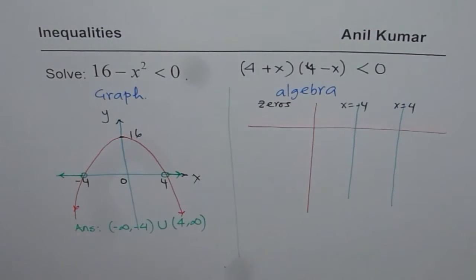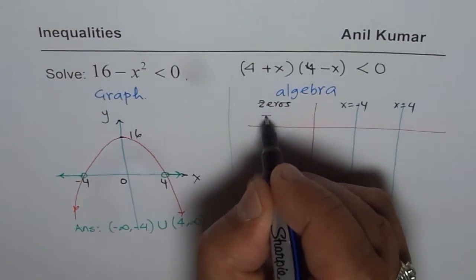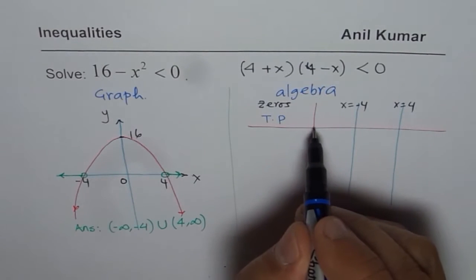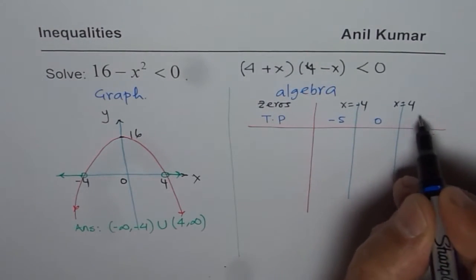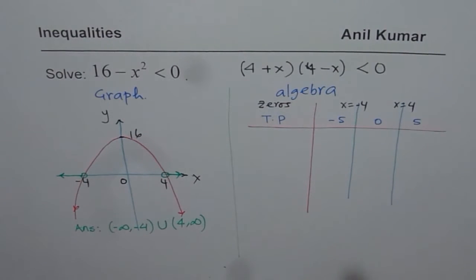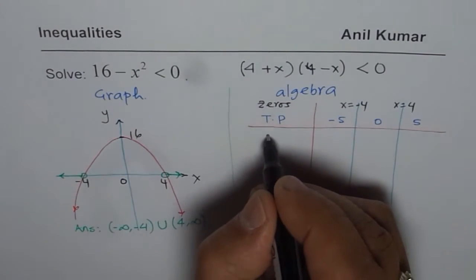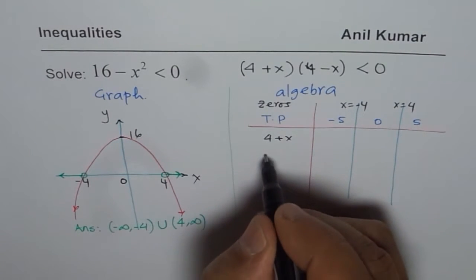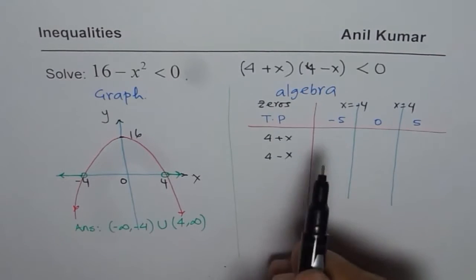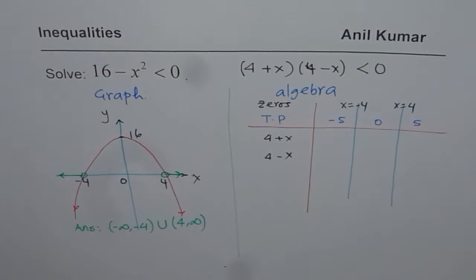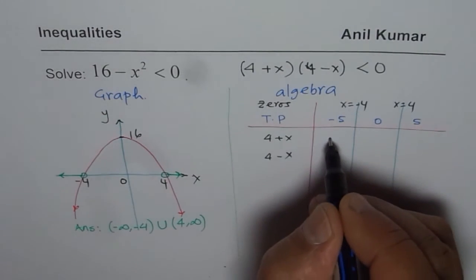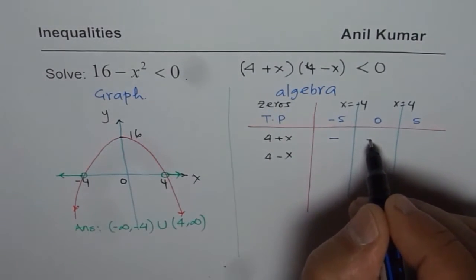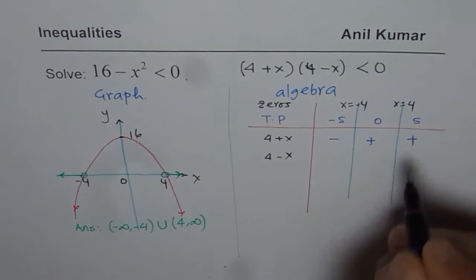Now let us take test points in each interval. Test point from minus infinity to minus 4 could be minus 5. Between these two is 0, and 5 from 4 to infinity. The two factors which we have are 4 plus x and 4 minus x. On substituting minus 5, the first factor will be negative. On substituting 0, this will be positive, and 5, this will be positive.